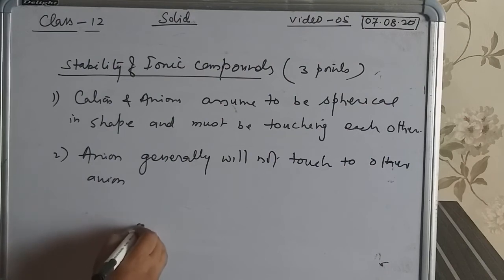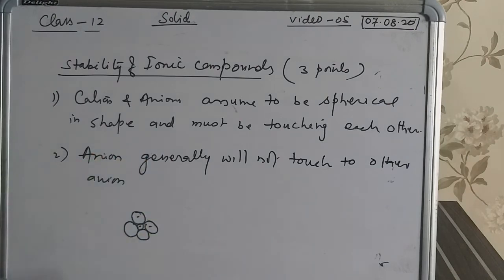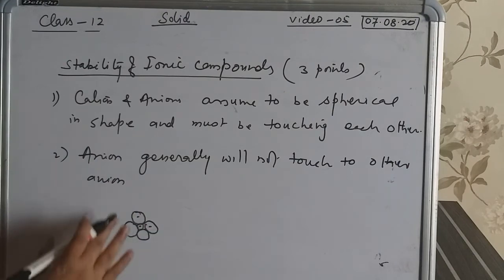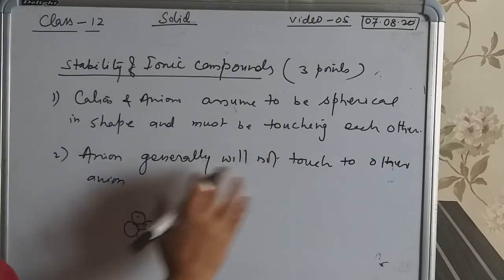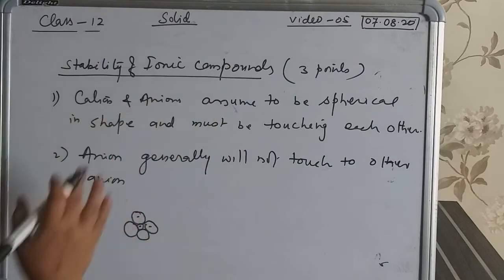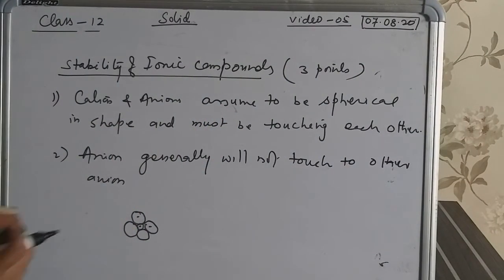Because suppose here is the cation and we see the arrangement of anion like this. So this is the negative, this is the negative, so repulsion takes place and energy becomes high and stability becomes low. So during the arrangement, the anion will not touch each other for the stability of ionic compound.